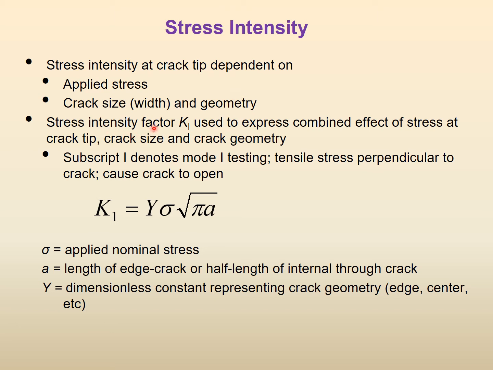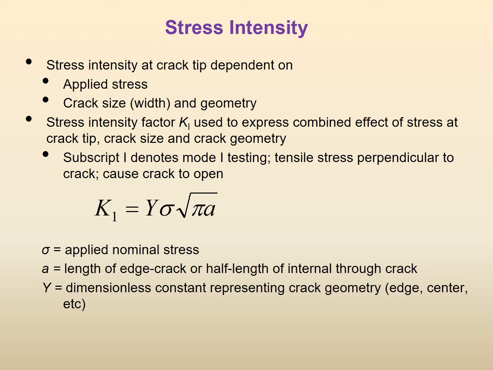The stress intensity factor K1 is used to express the combined effect of stress at the crack tip, the crack size and the crack geometry. Instead of K1, if I say KT, remember, stress concentration factor, then it does not define all these things. It is just a ratio of sigma m to sigma naught.